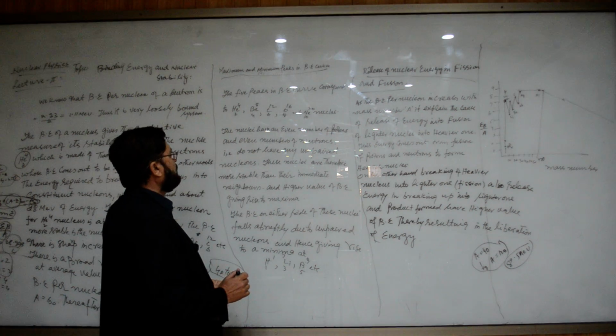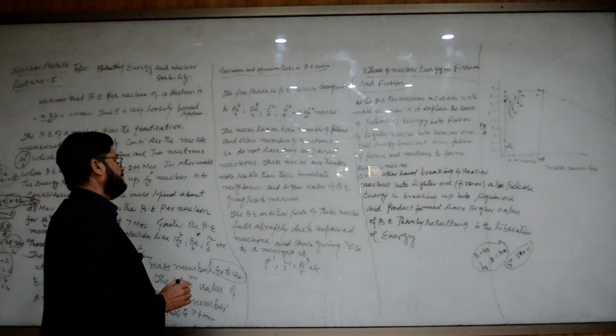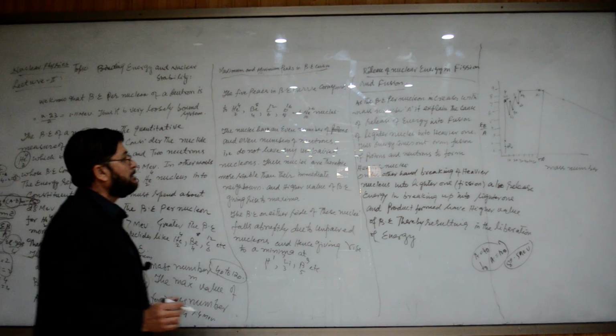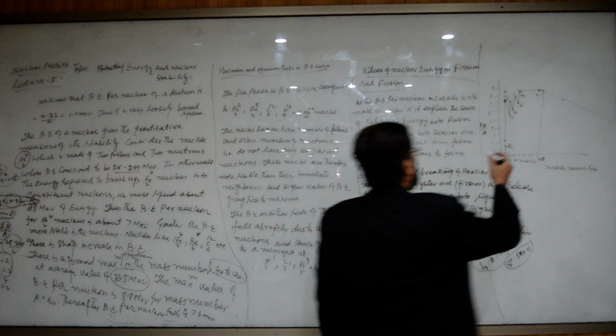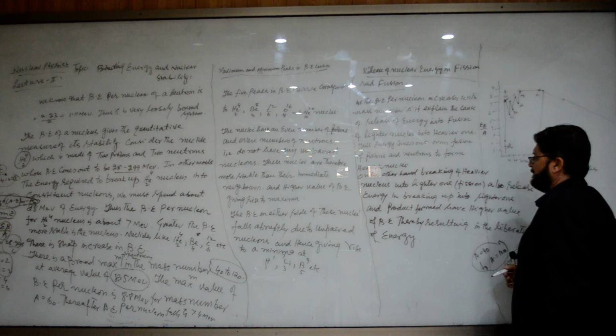That is, they do not have any unpaired nucleons. These nuclei are therefore more stable than their immediate neighbors. Here you see, this is the immediate neighbor.